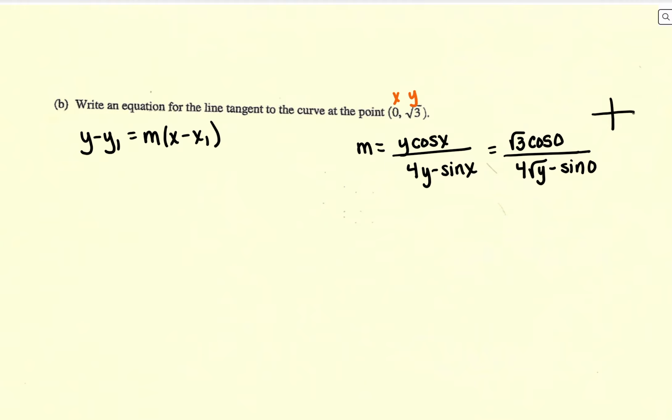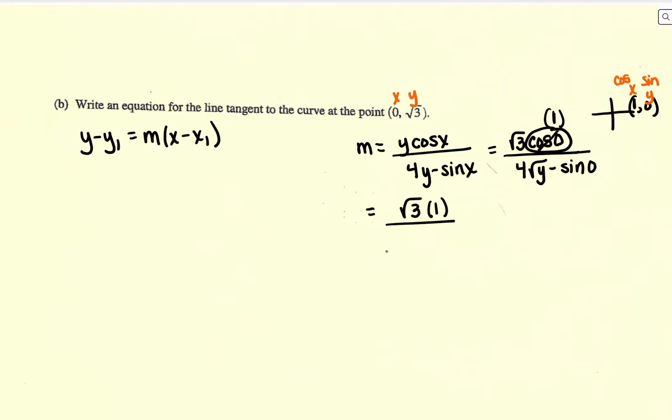At 0, which is right here, that's the ordered pair 1, 0. If you will recall that you know that your x coordinate is your cosine value, your y coordinate is always your sine value. So then that tells me that I will have the square root of 3, but the cosine of 0 is going to be 1. So that's going to be the square root of 3 times 1.